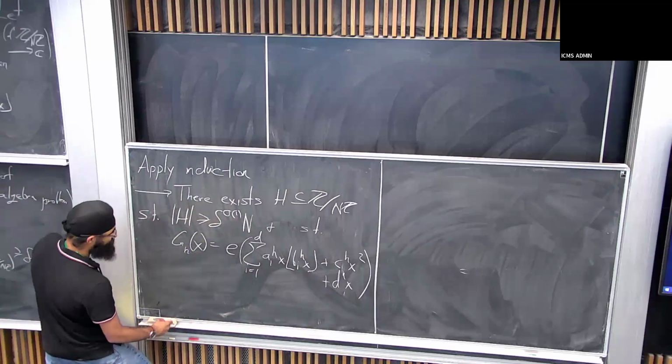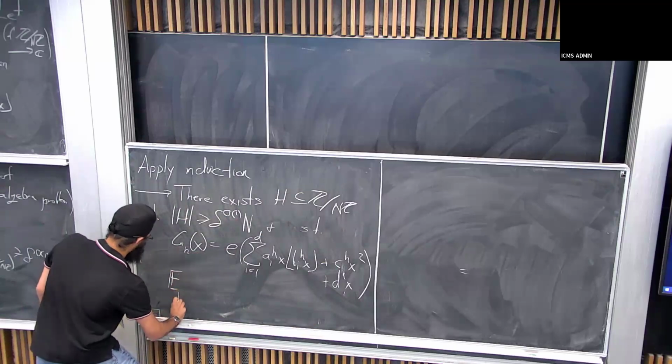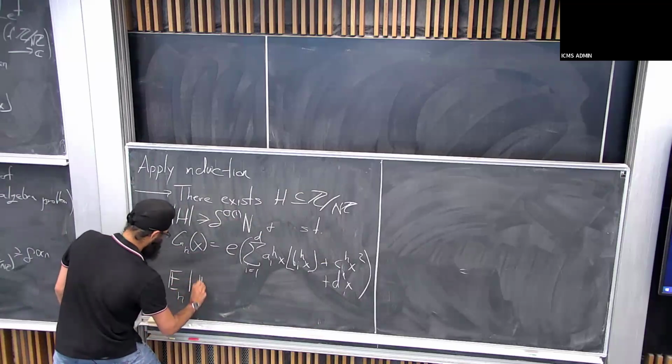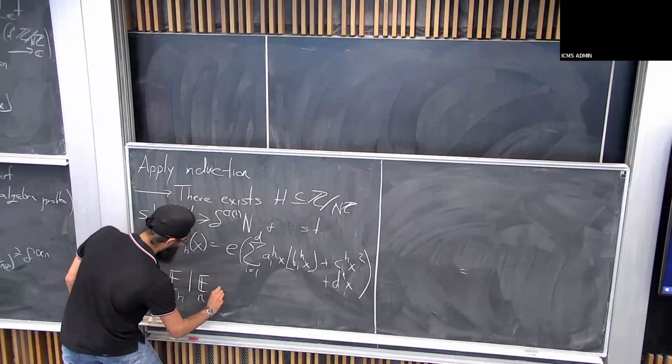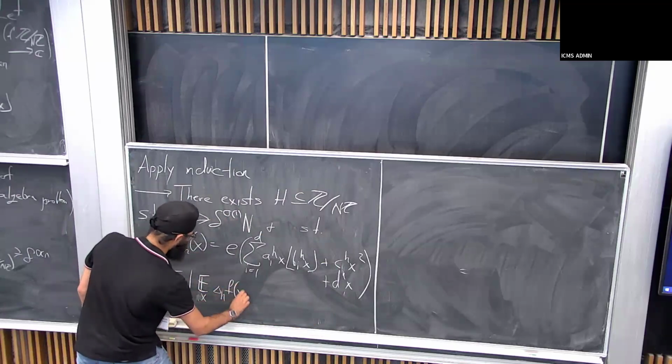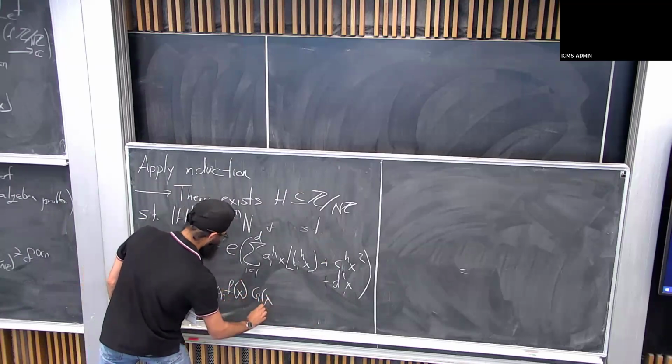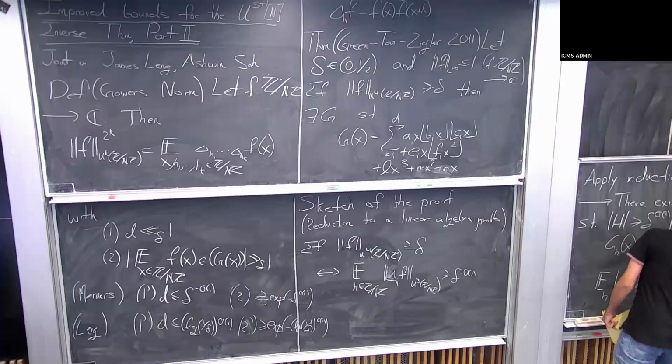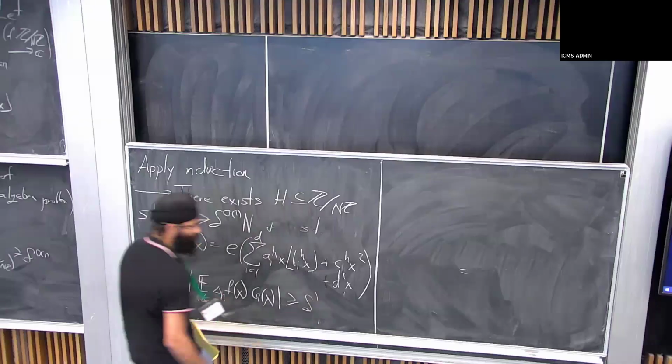And what I have is that the expectation over h of the expectation over x in Z mod NZ of delta_h f of x times g_h of x is bigger than delta prime.